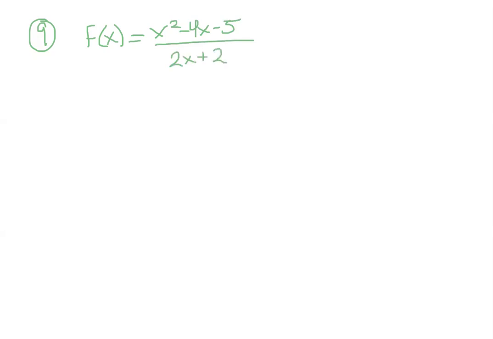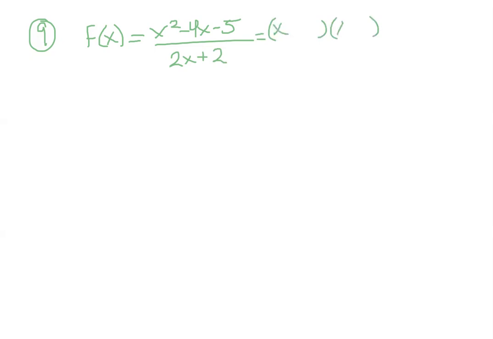All right, number 9. This will be the last one that we're going to do here. And we've got f of x equals x squared minus 4x minus 5 over 2x plus 2. First thing we do is simplify.